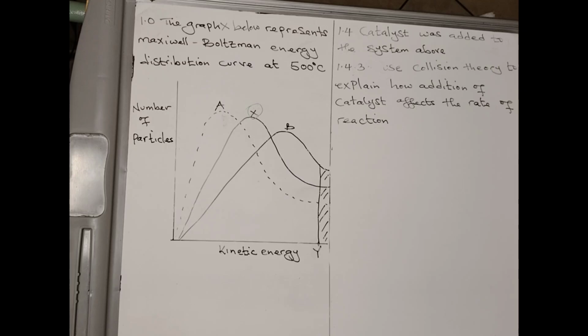Okay. I have to remind you about collision theory. It says that for the particles to react, they must collide with the right energy and the correct orientation. So what does the catalyst do to the particles?